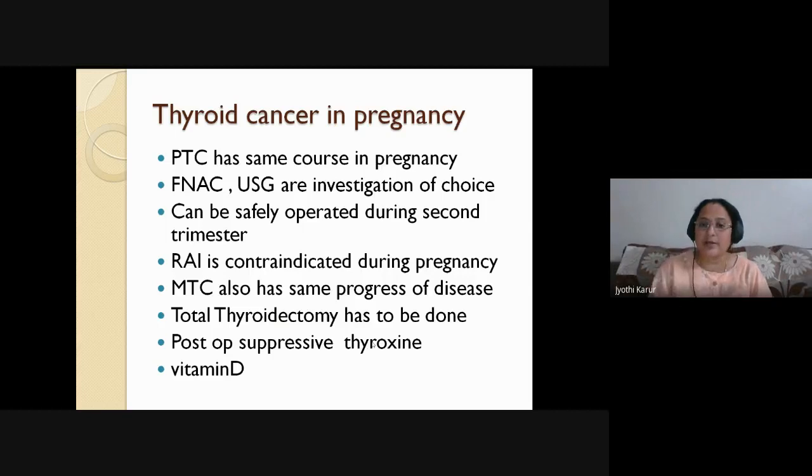You have to suppress the TSH, so you give the patient thyroxine. Usually a high dose of thyroxine has to be given because she has got the thyroid removed, so she needs thyroxine supplementation. Also, in order to suppress the TSH and prevent recurrence, you should give a very high dose of thyroxine and also very high doses of vitamin D.